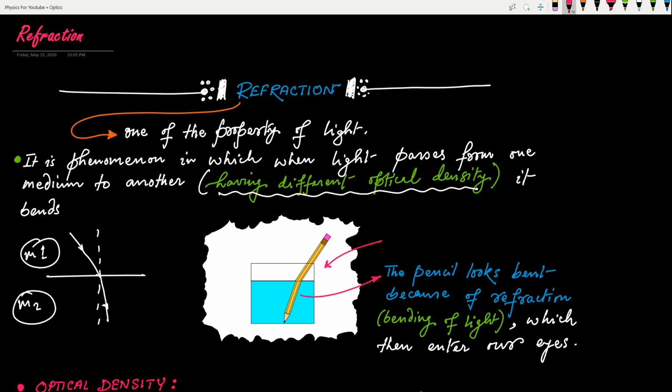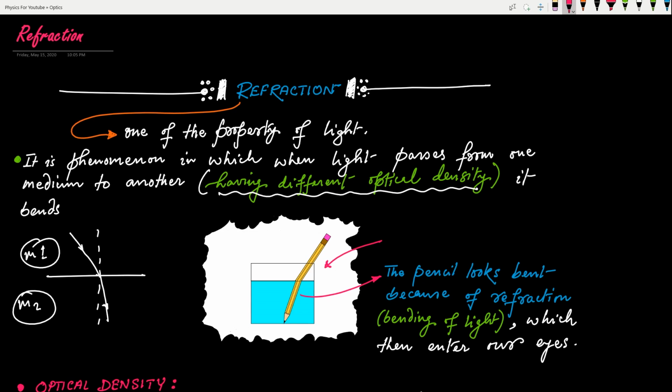We see an object because light hits the object, reflects back and enters our eye. The same concept is followed here. The light bends, and that bent light enters our eyes, as a result of which we see the pencil to be bent. So the pencil looks bent because of refraction. This is the concept and the definition of refraction.